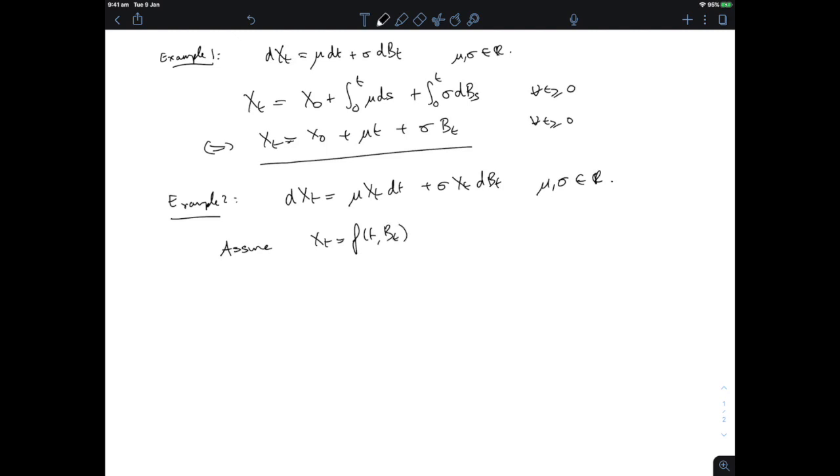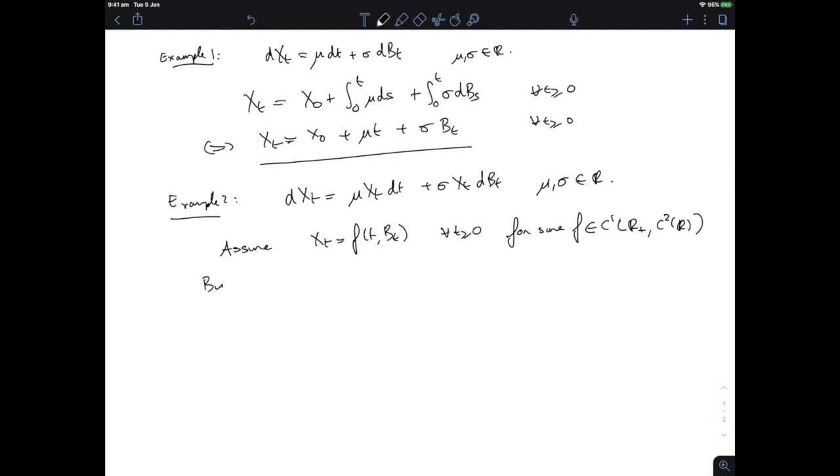This may be wishful thinking. Maybe I cannot find a process that is just given by a function of time and the Brownian motion and that solves this equation. But I'm going to try that and find conditions on f that might work. And maybe I'll find a process in this way. So I'm hoping to find something of that form, for some f that will be C^1 in the time variable and C^2 in the second variable.